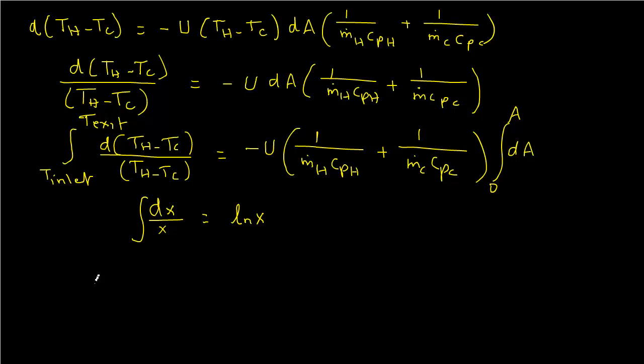So we can write the left hand side as natural log of Th minus Tc, and it will be integrated from T inlet to T exit. Those are the limits of integral.